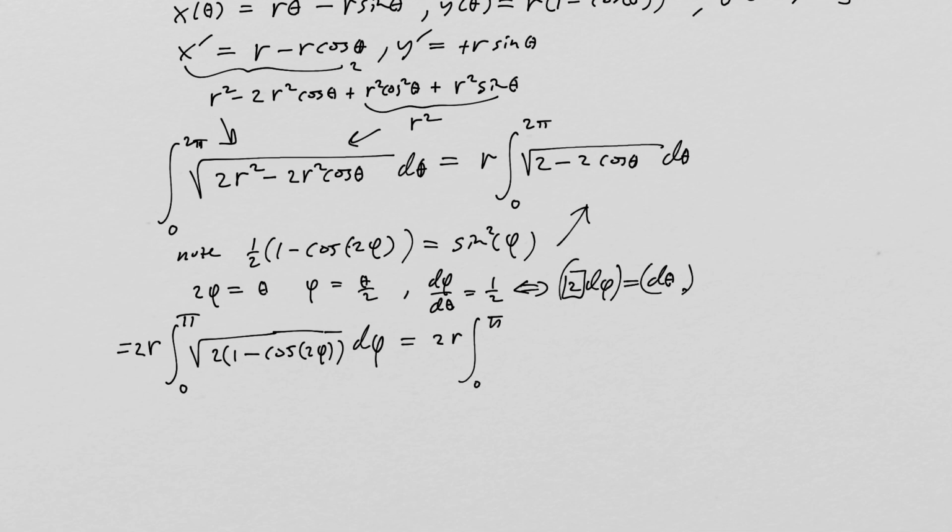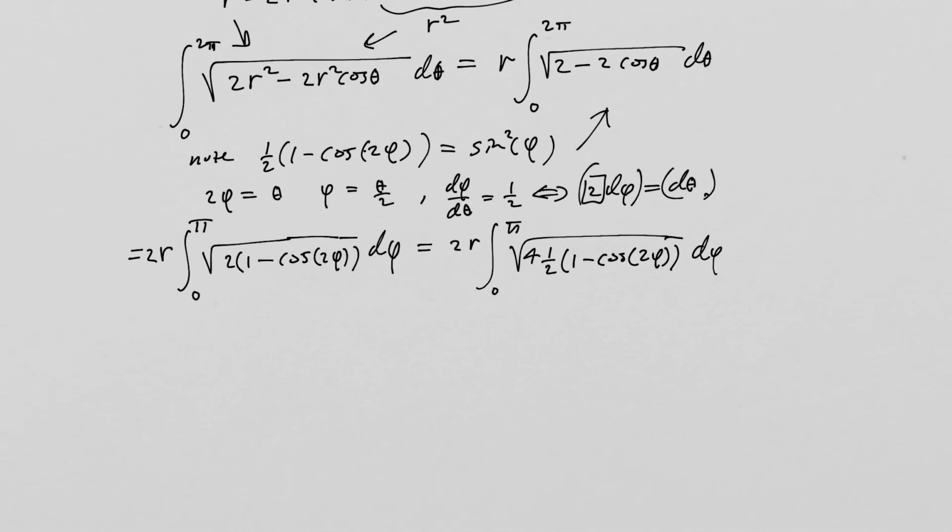The last thing we need to do before we really just go in for the ultimate here is we need that 2 to become a 1/2. So what I really am going to do is multiply it by a 4 and then divide by a 2. Like that. And again, we're going to get another 2 coming out.